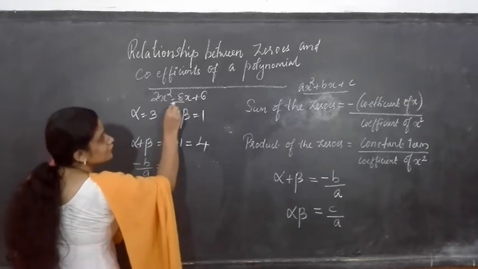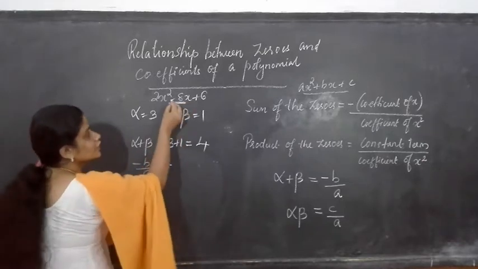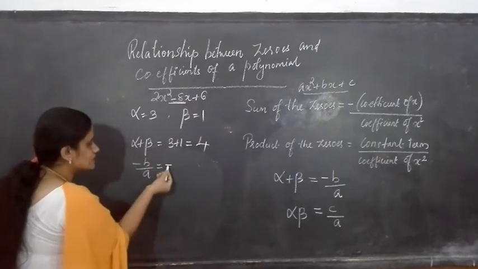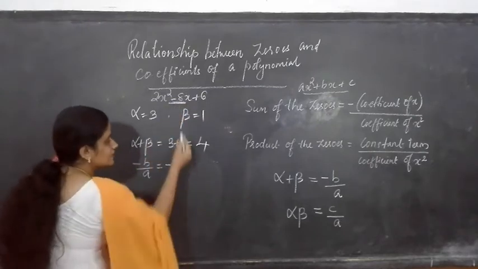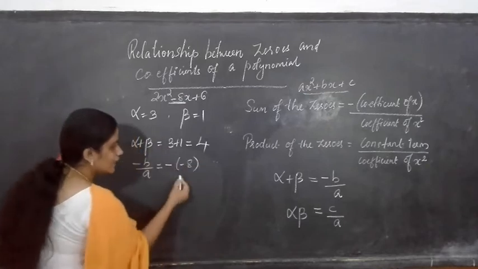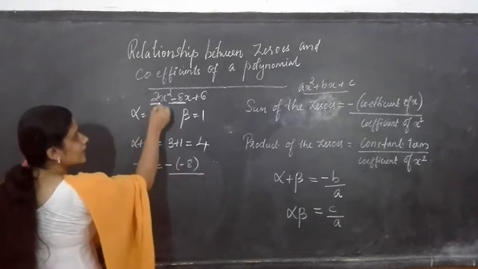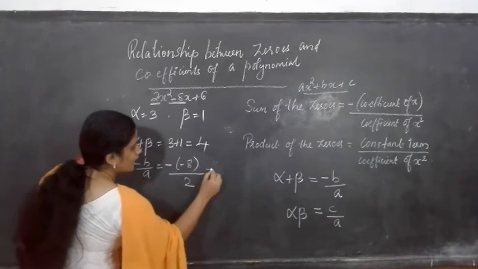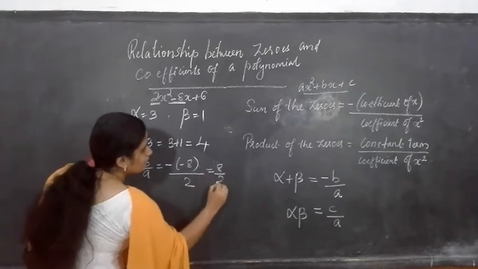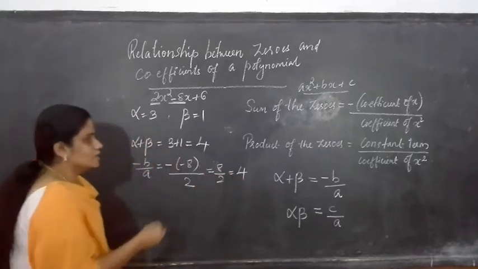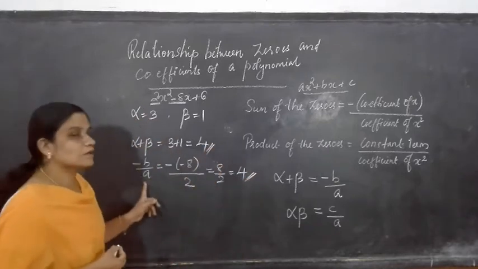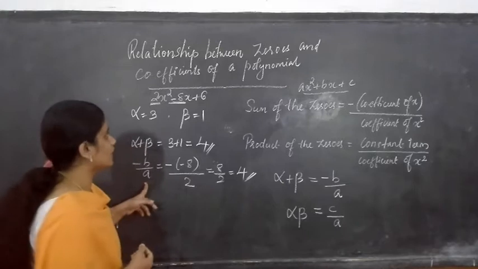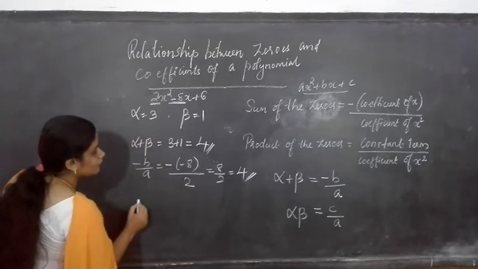It is negative 8. Don't forget to put this negative sign. This negative sign is from the formula and b is negative 8. Divided by a, which is 2. So 8 divided by 2 is equal to 4. So do we get the same answer? Yes. Therefore, alpha plus beta is equal to minus b by a. Now the second condition, alpha beta.